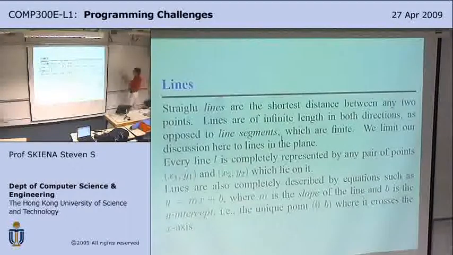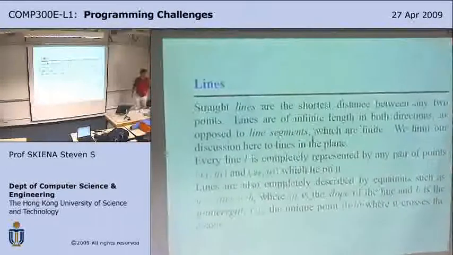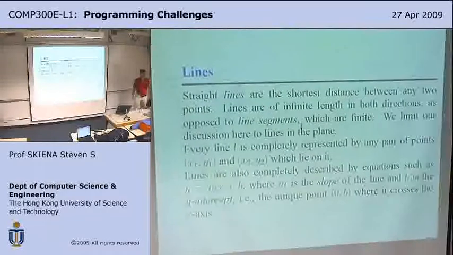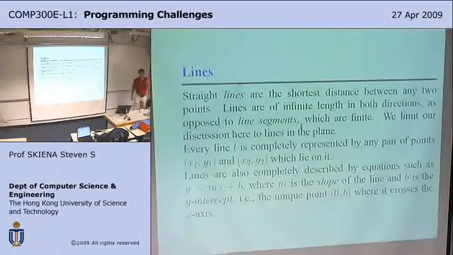This line and this line are the same, but if they're stored as pairs of points, that would be difficult to test. Is there anything that's easy to do with lines defined by pairs of points? Anyone think of any operation that's easy to do with that representation? There must be one. I can't think of one now, but there's got to be one.